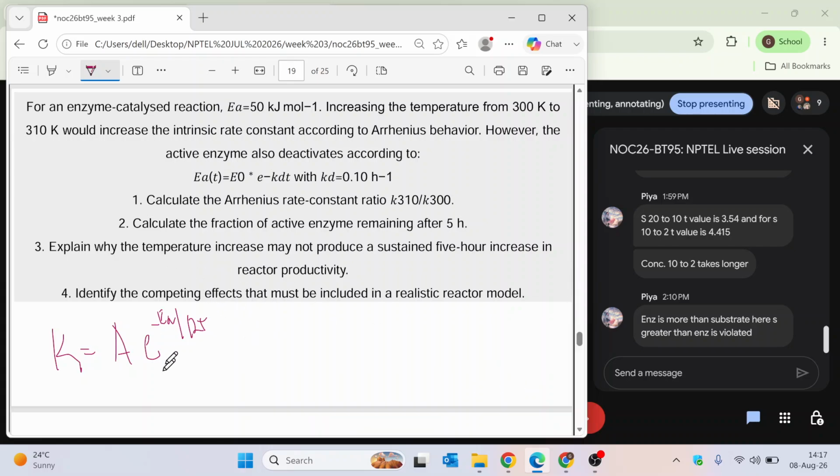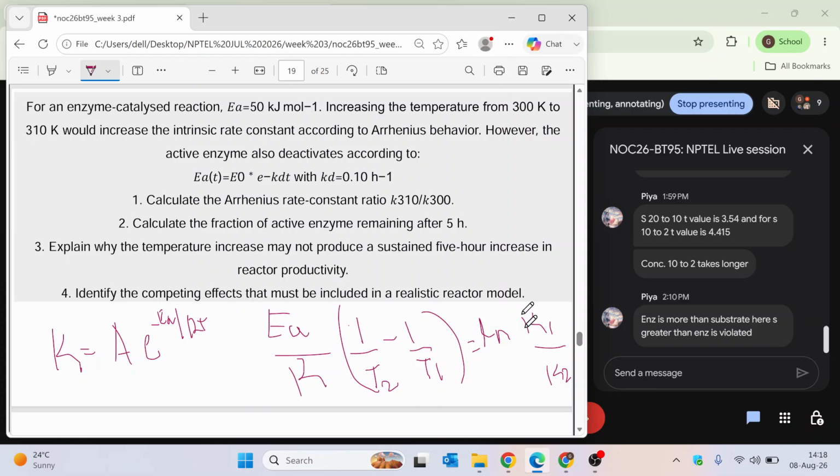You will have these integrated into Ea by R into 1 by T2 minus 1 by T1 is equal to ln K1 by K2.